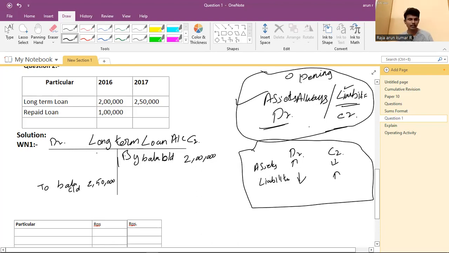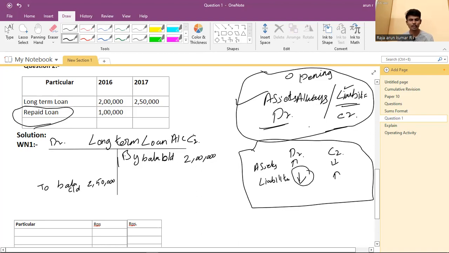See here what they have given: loan repaid. If the loan is repaid, it means the liability value decreases. Here we come to this format: liability value decreases, so we apply a debit in the liability account.